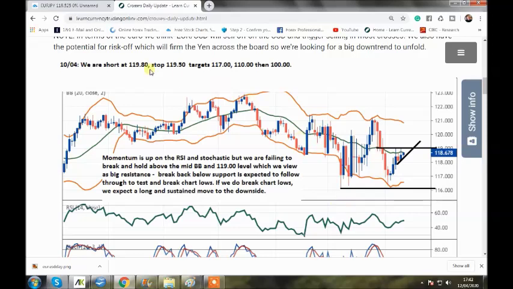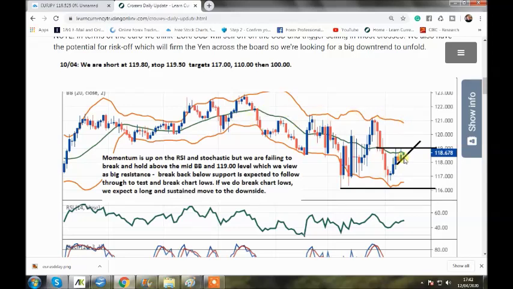Now we've got a position at 119.80. Nothing really doing, just over 100 pips. I've got the stop at 119.50, pretty tight. If we were to break up and our stop gets taken, we'd key off the 121 level for weakness, or look for the euro to top out at the 120 level, sell it, stick a stop back behind 121, which is a big resistance zone now in our view.